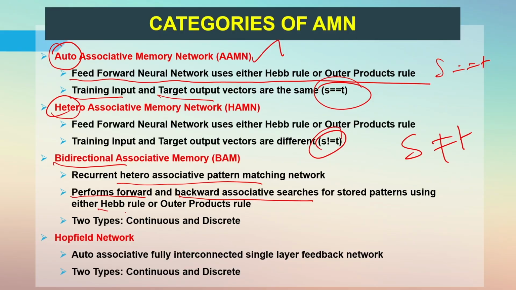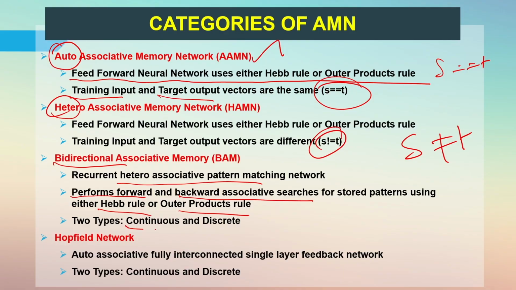During the recall process, the system has to take the stored pattern from the set of patterns. So it uses either Hebb rule or outer product rule like the associative memory in general, but it uses searching in two directions, one in the forward direction and another in the backward direction. Accordingly, there are two kinds of network, that is continuous and discrete network.